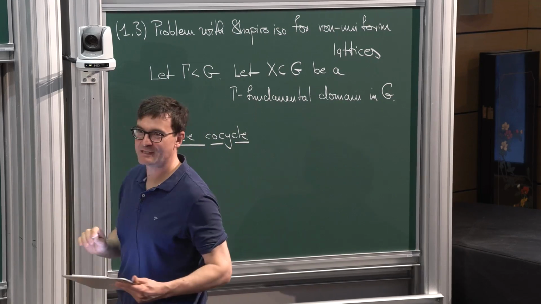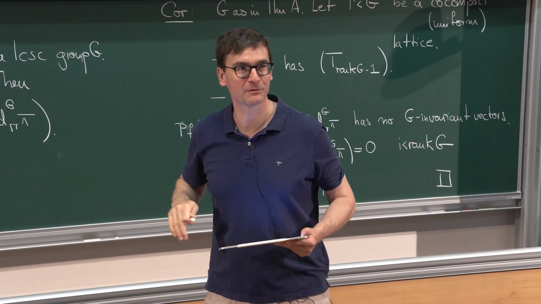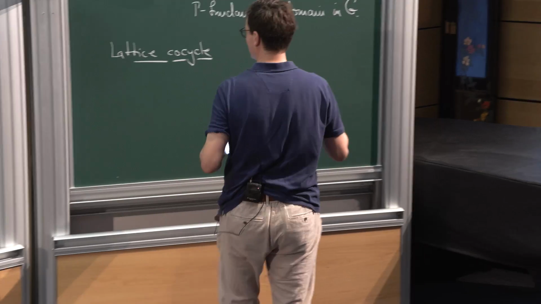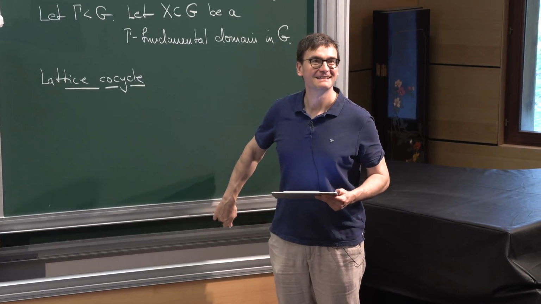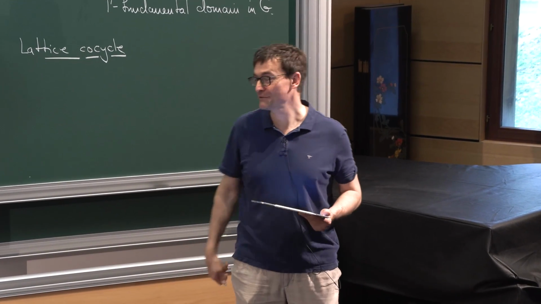The terminology might be a bit confusing in this context because we have lots of cocycles, since we're talking about cohomology all the time. But there are also ergodic theoretic cocycles, non-abelian cocycles, and you can view them actually as cocycles in some non-abelian first cohomology.